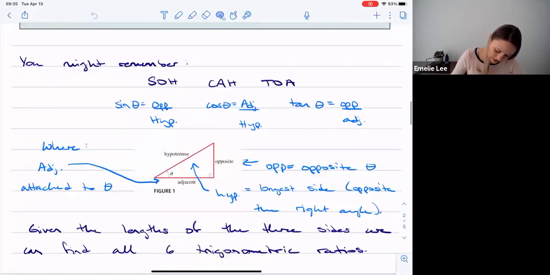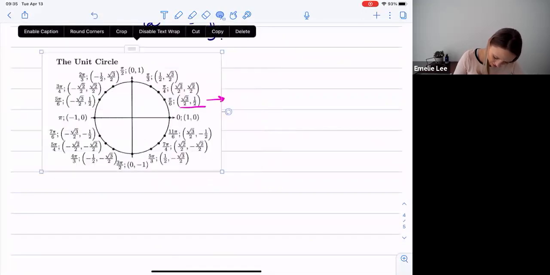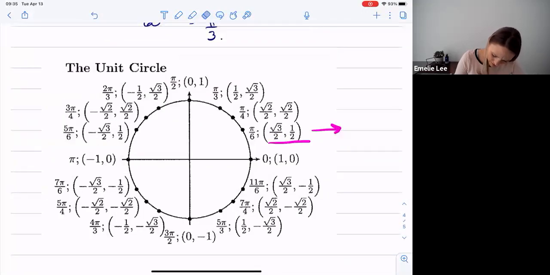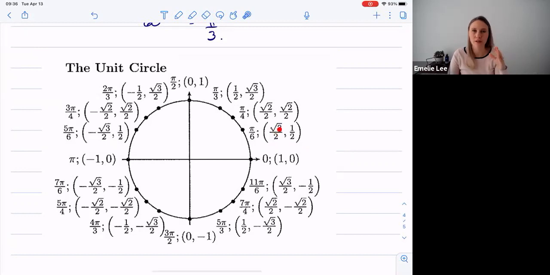Copy. And let's see if we can make some sense of this here. But what I'm trying to emphasize is that you really only need one method. If you're comfortable arriving at the cosine of pi over 6 is root 3 over 2, and the sine of pi over 6 is 1/2, and so on all around the unit circle, you can tune out for this method. You don't need it.